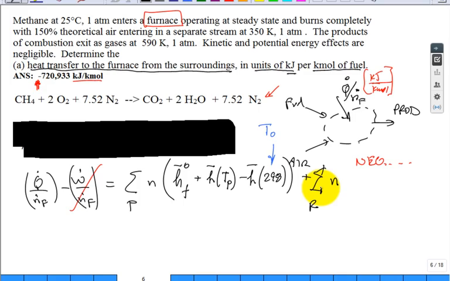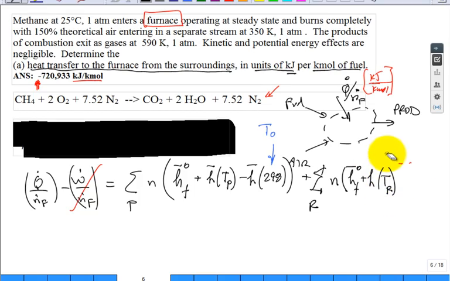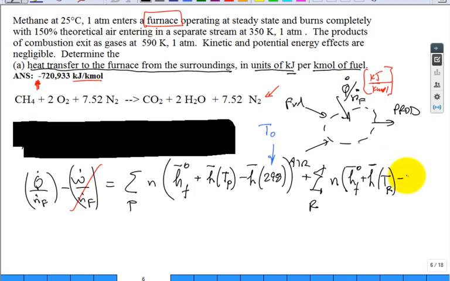So let's press on. We have H naught bar f plus the enthalpy at the temperature that the reactants are coming in. Now I've got to get rid of this red stuff here. Put a bar over, right? And then minus the H bar at 298, the reference temperature.